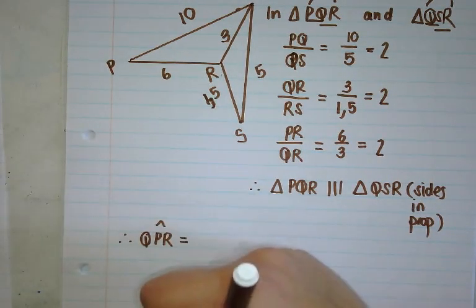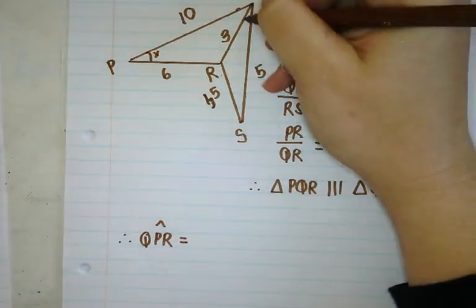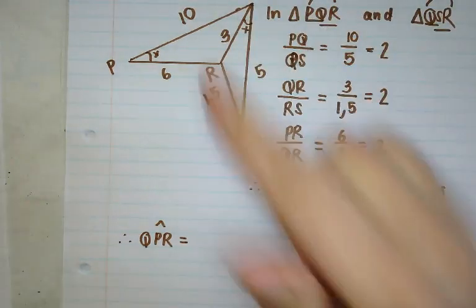is equal to, so this one, Q in the second triangle, that one, so SQR.